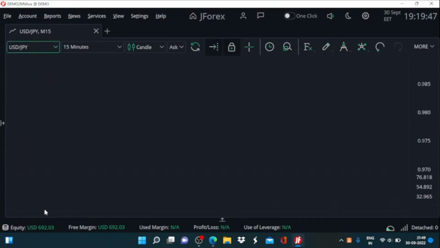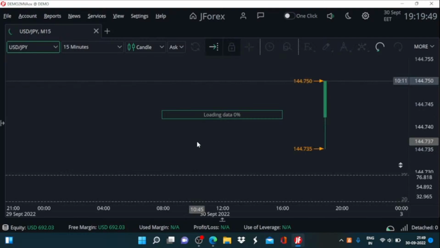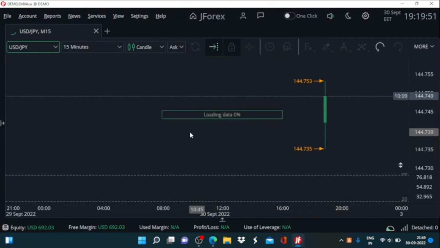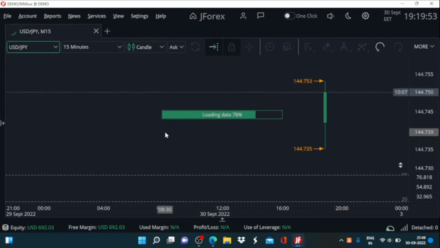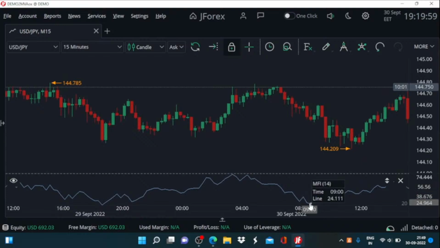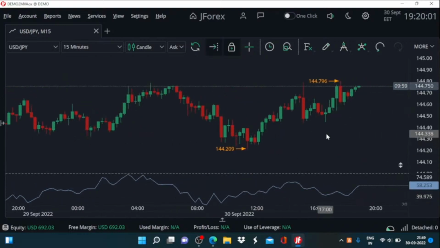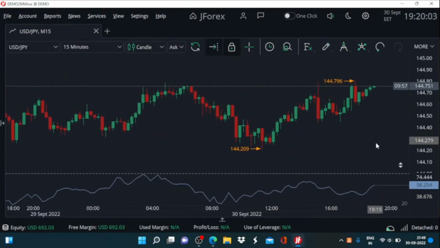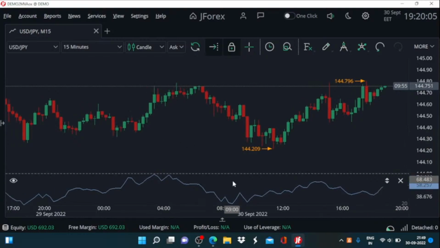You can utilize this for other instruments also. Suppose, for example, we consider the USD JPY. The USD JPY has not moved much in today's session, but even in that case, the MFI has kept up its pace and it would have kept you on the bullish side.